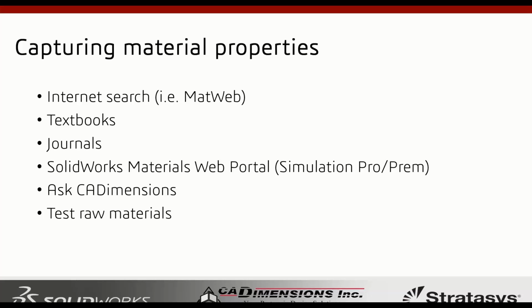It's fairly easy to find material properties on the internet. A few other ways that you can gather material properties is through textbooks. I've seen several textbooks that have put out stress strain curves for the more popular materials that have been used many times over the years.